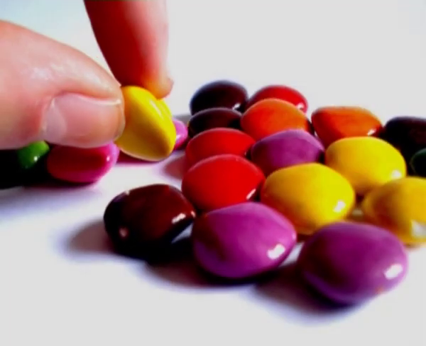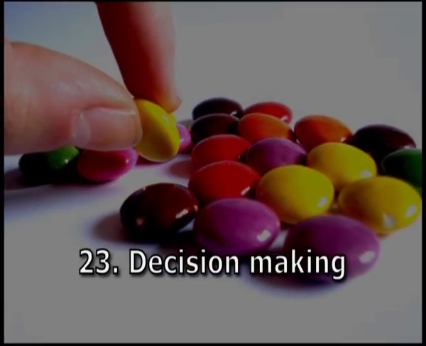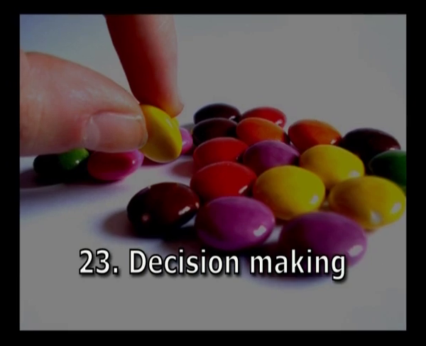Let us try to understand the 23rd characteristic of entrepreneur, that is decision making. Decision making skill is a fundamental characteristic of an entrepreneur. This implies the function of choosing a particular course of action out of several alternative courses for the purpose of achieving specific goals.